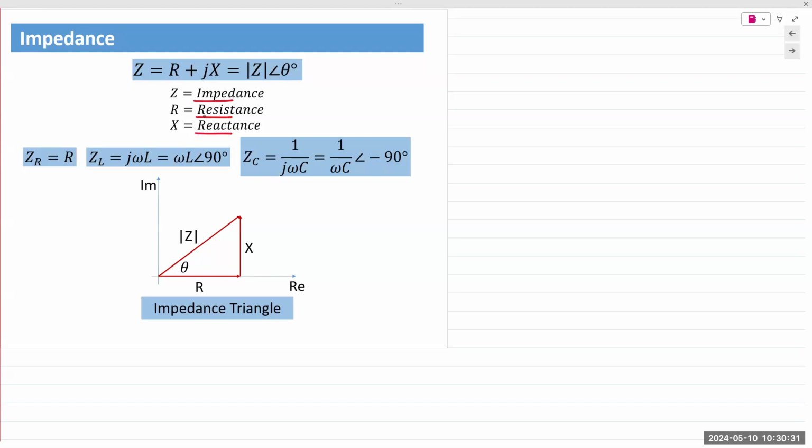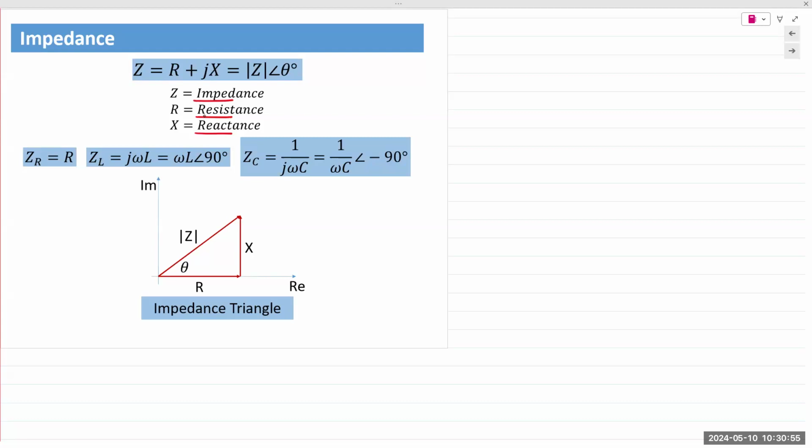Again, recap. Reactance is not direct opposition to current or to voltage, but it is the opposition to change in the input current or change in the input voltage. Okay, that is termed as reactance. Mathematically, we represent it using complex numbers.